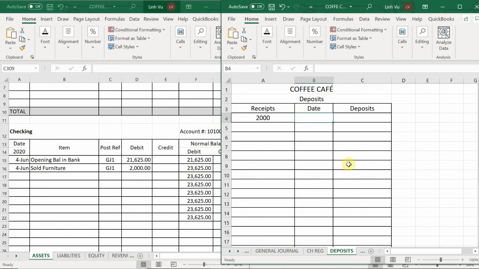At the end of the day, you're going to end up overcharging your bank account. So best rule of thumb is we generally should make your deposits at the end of the day. So in this case, it is June 4th, and I'll let you know that is the last transaction for that day. So therefore, I'm going to go ahead and make that deposit for the $2,000.